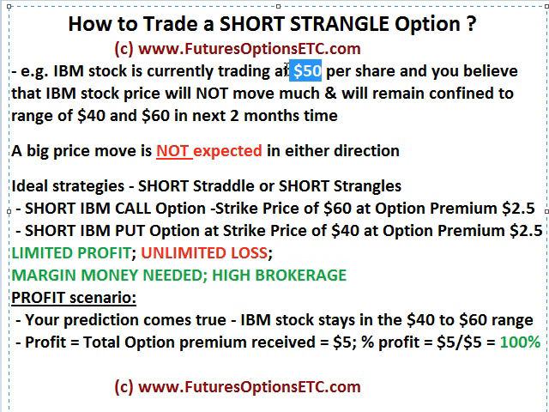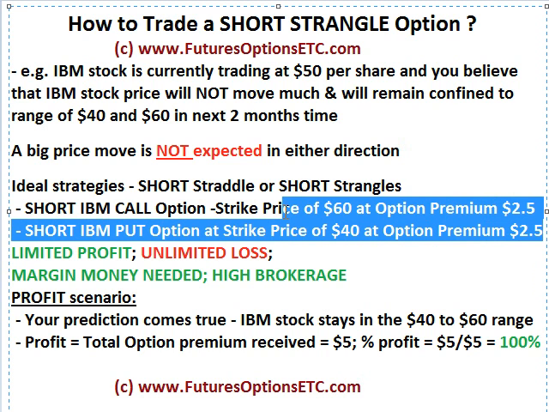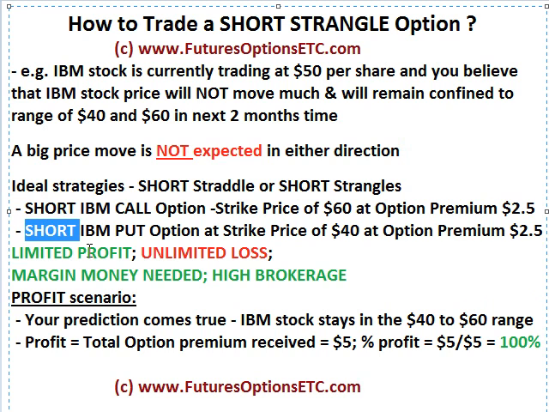Here IBM is trading at 50, so the call strike is selected at 60 and the put strike is selected at 40, and both these options are costing me $2.50 each, taking the total option premium that I receive to $5. Since both are short options, basically I'm selling them, so I'm going to receive this amount of money.